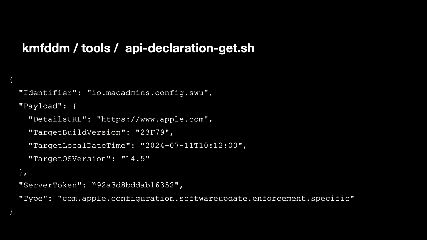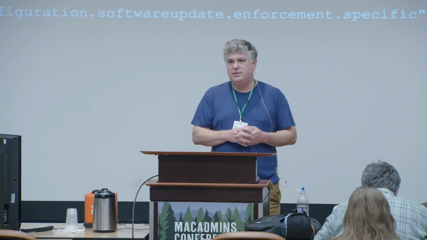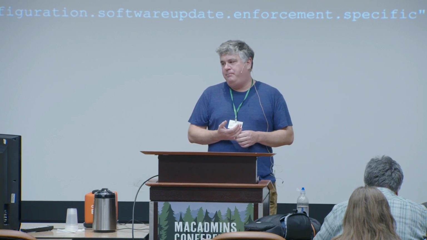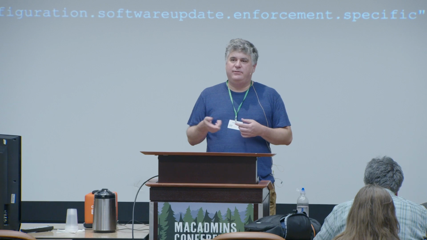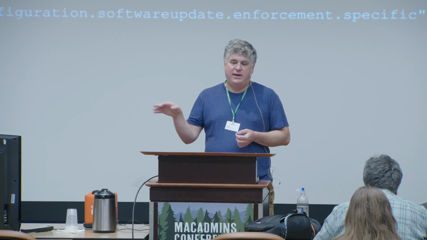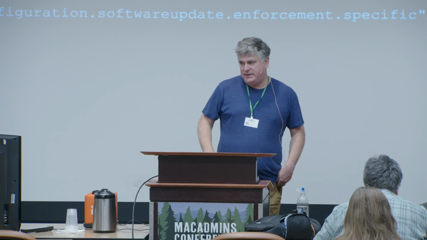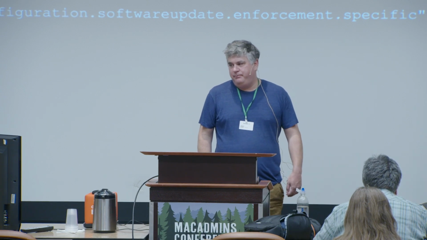So once you create that declaration, how do you get it down to the client, right? The KMFDDM repo has some pretty useful tools in the tools directory that give you some interactive ability with your MDM and DDM server to be able to push the stuff down to the clients. One of them is this API declaration get.